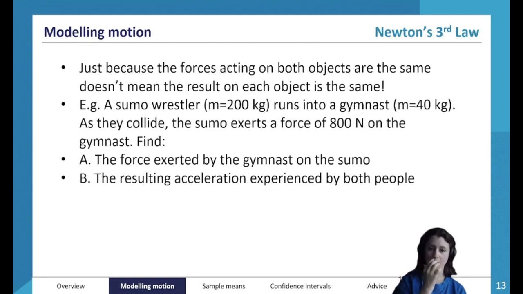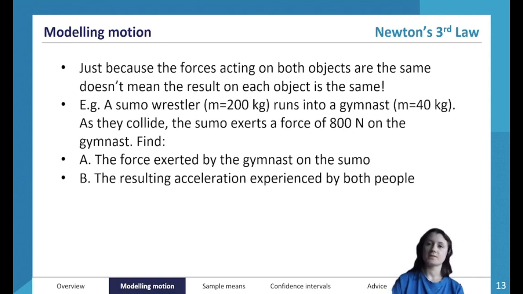Okay, so just because the forces acting on objects are the same, it doesn't mean that the result on each object is the same. It actually depends on the size of the objects. Think about an example of a sumo wrestler who weighs 200 kilos running into a gymnast who weighs 40 kilos.